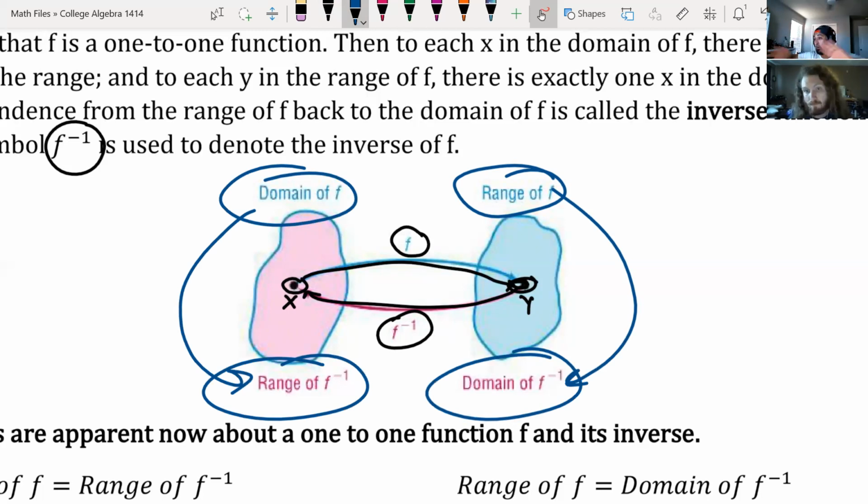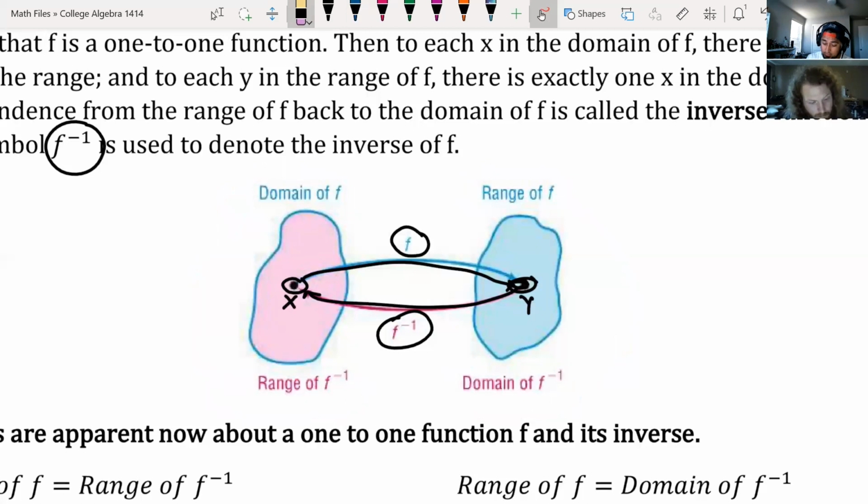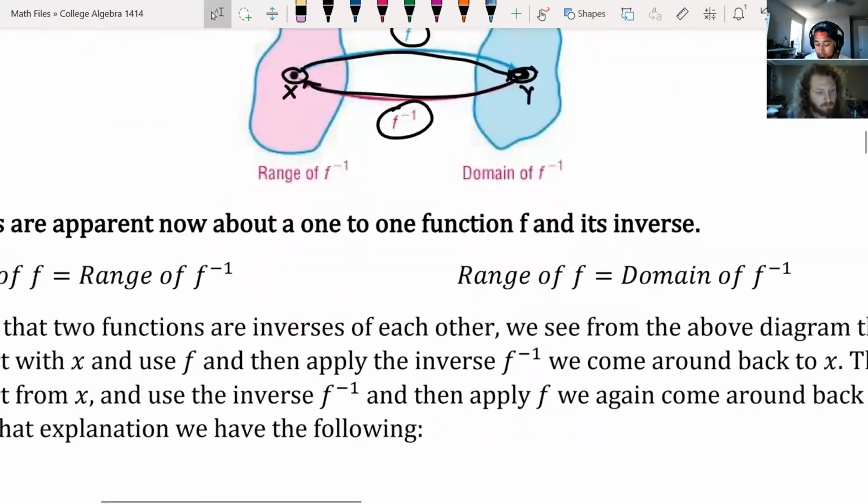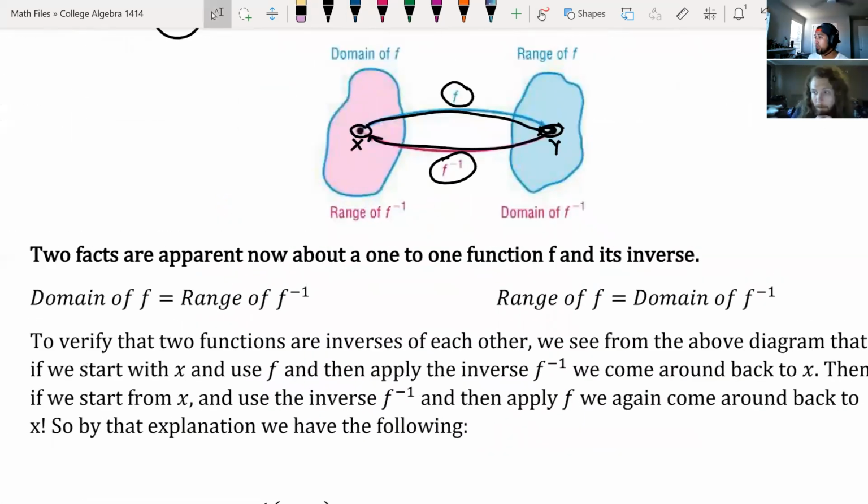They'll swap, they'll flip. Your x and y values will switch as well. That's all noted here. The domain of the original function becomes the range of the inverse. The range of f becomes the domain of the inverse.